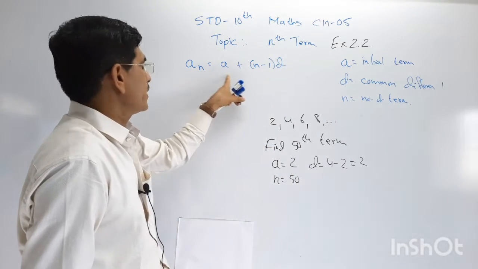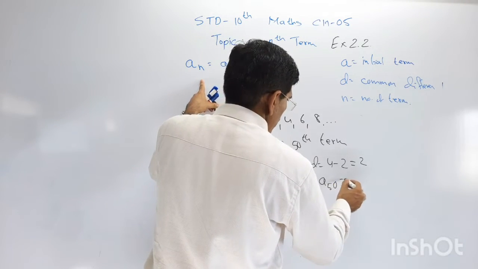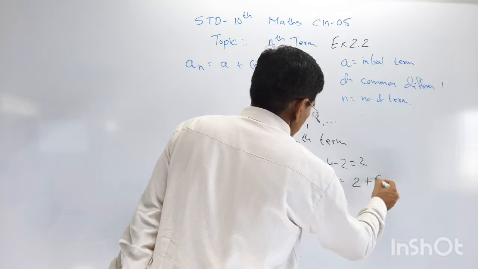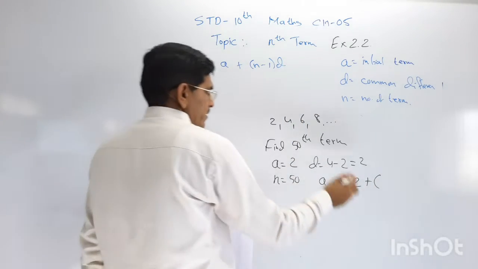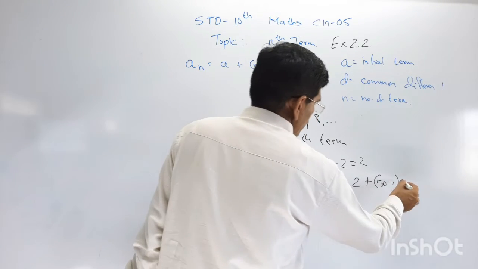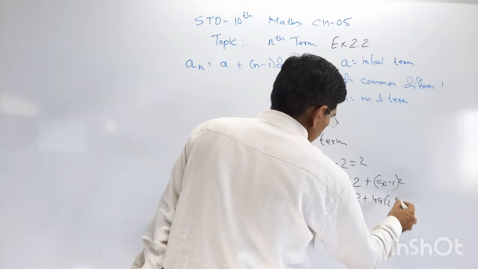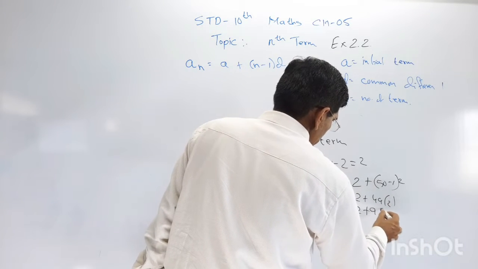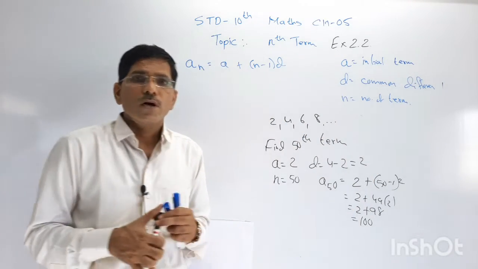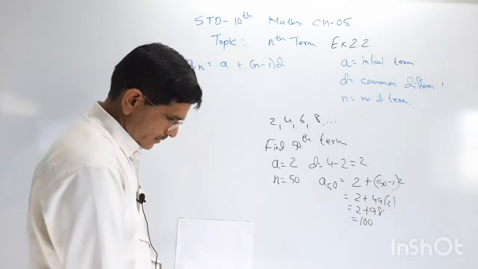Then by putting in this formula, a50 is equal to a, that is first term or we can say initial term, plus (n minus 1), so 50 minus 1, times difference 2. So 2 plus 49 into 2, that is 2 plus 98, that is 100. So 100 is the correct answer.